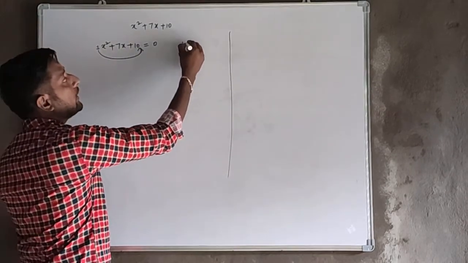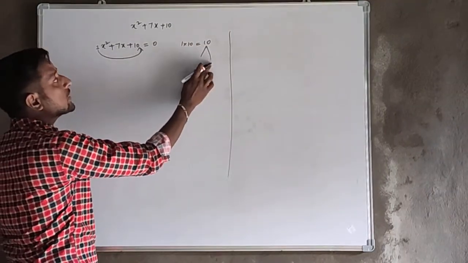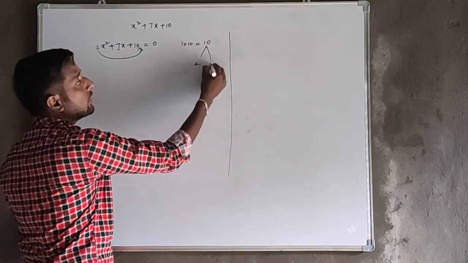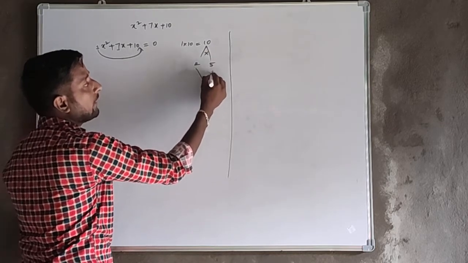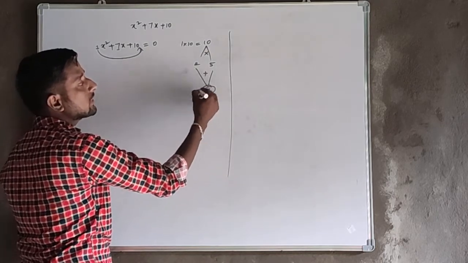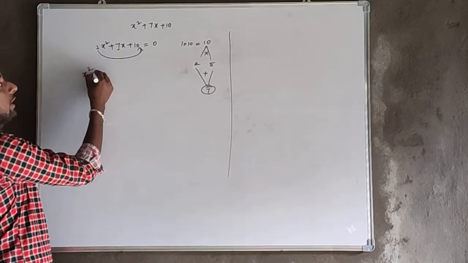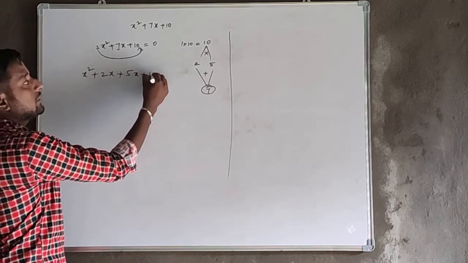So 1 into 10, answer is 10. Now we should write the factors of 10 that give 7 when added. 2 fives are 10, and when I add both, the answer is 7, both conditions satisfied. So here I write x square plus 2x plus 5x plus 10 equals 0.